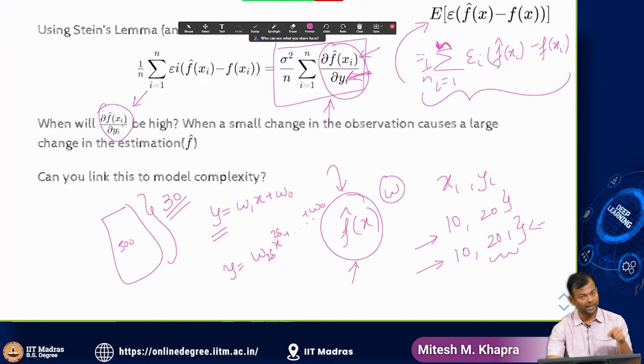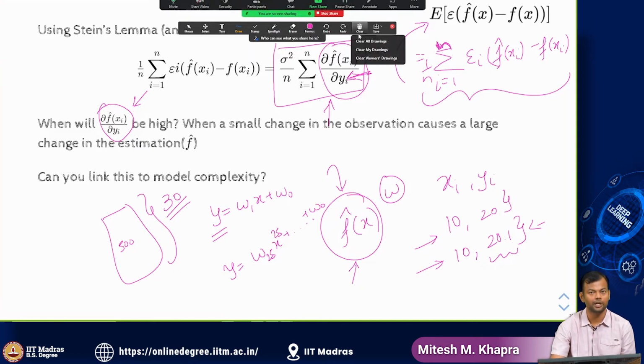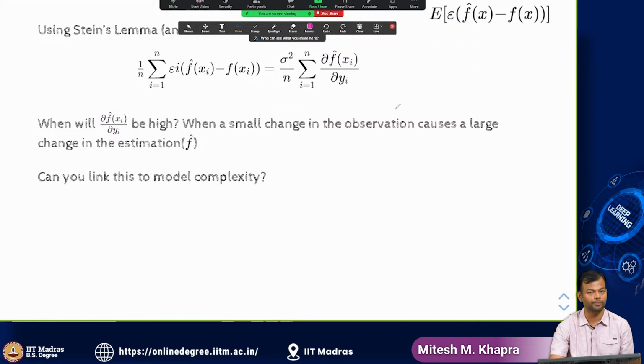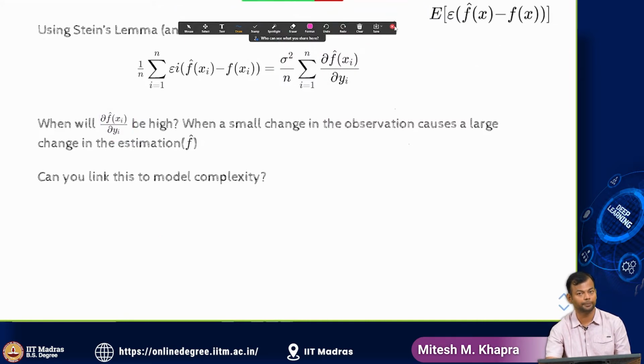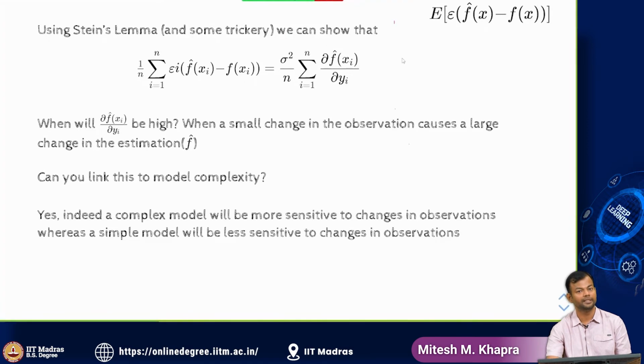We are making this observation that this quantity would be high for complex models because a small change in yi was causing a lot of changes in the estimated value of f hat x, or the estimated values of the parameters, whereas for simple models it was not causing a lot of change, right. So connecting these observations, now we can say that this quantity that you see here is actually going to be high for complex models as compared to simple models, right.